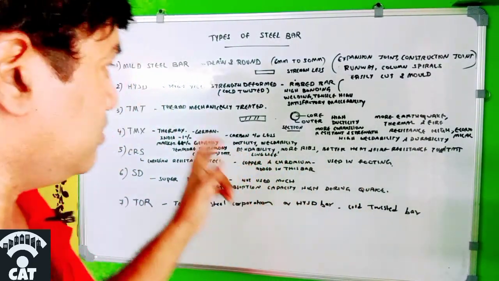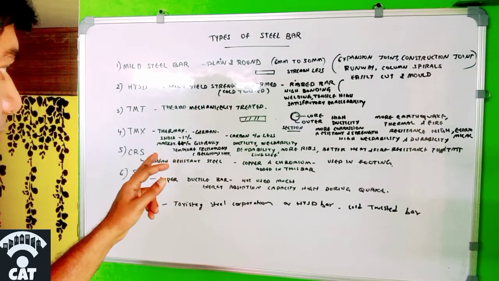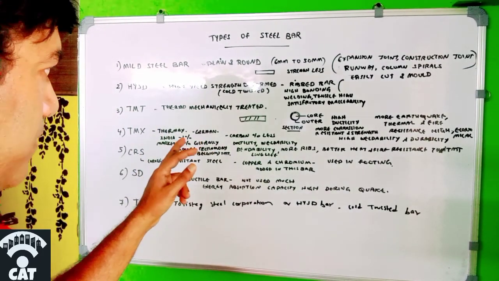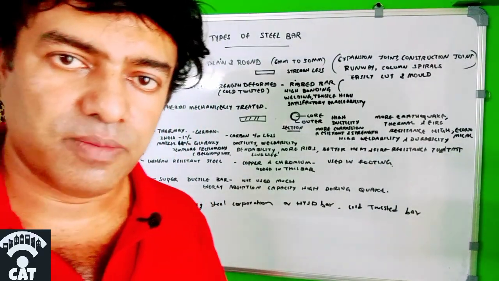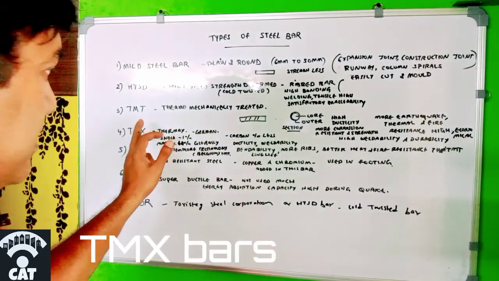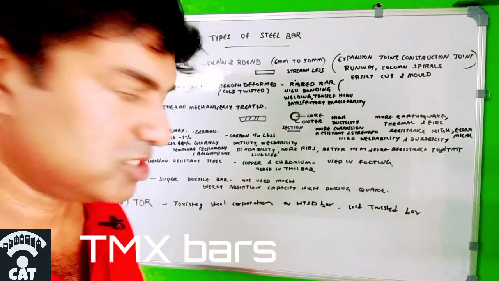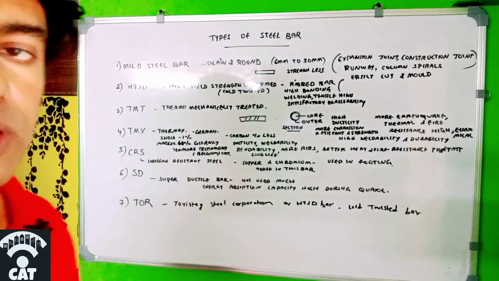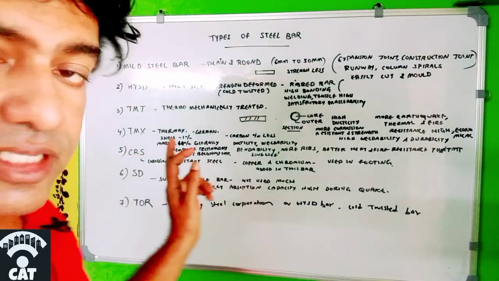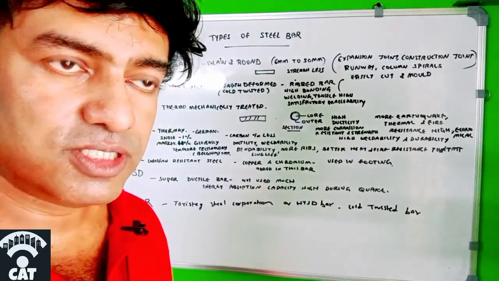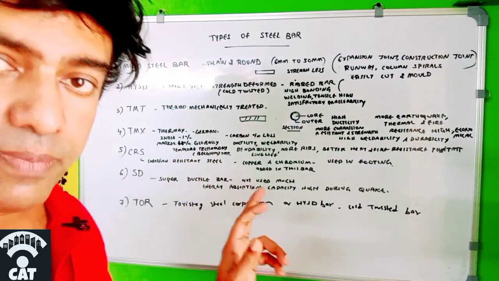Then the fourth one is the TMX or Thermex bar. The TMX bar is based on German technology, while the TMT bar is based on Belgian technology, called Tempcore technology. TMT is Tempcore technology, and TMX is Thermex technology, which is German based.